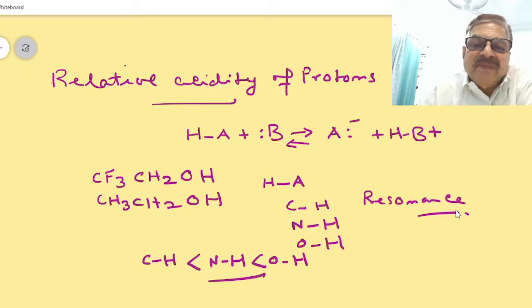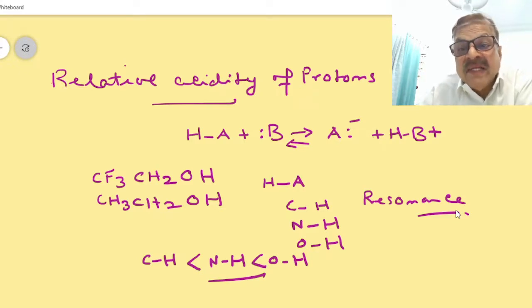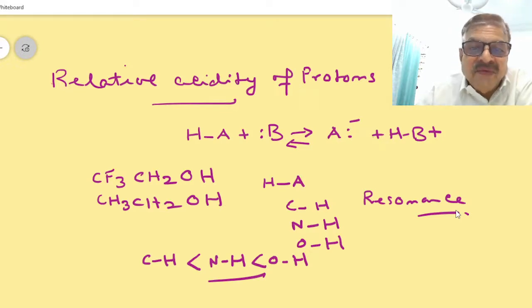It is delocalized, spread over two or three different atoms, so the electron density gets diluted. When it is diluted, the conjugate base becomes weaker. It is no longer able to form bonds with a proton, as the electrons are not available to form bonds with protons. That is how we will examine the points here.